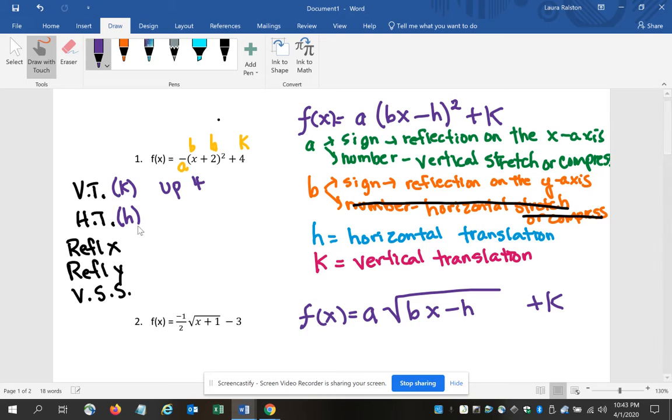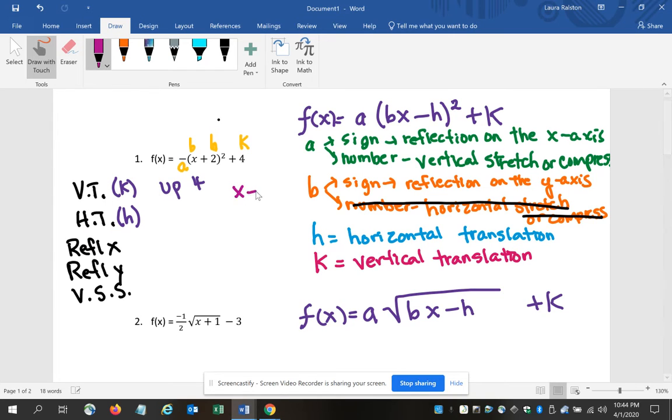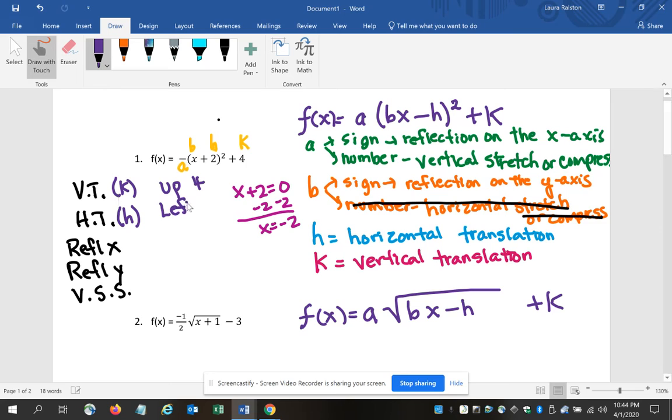My horizontal translation is controlled by H, and to ensure that I don't make a calculation error or a wrong direction error, I'm going to take that piece inside the parentheses, x plus 2, set it to 0, and solve for x. By solving for x, I can make sure if I'm going left or right. And based on the fact that I get a -2, that lets me know that I'm going to go left 2 units.